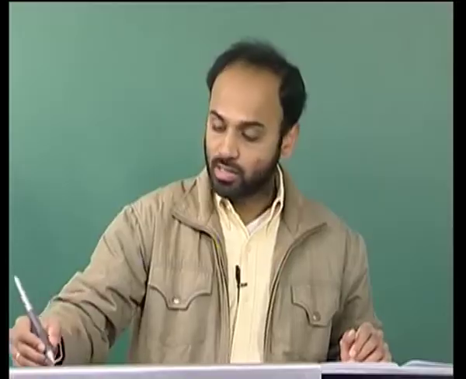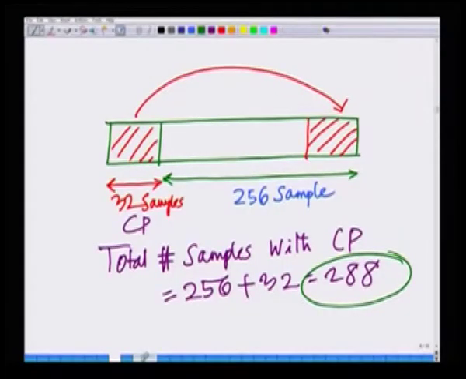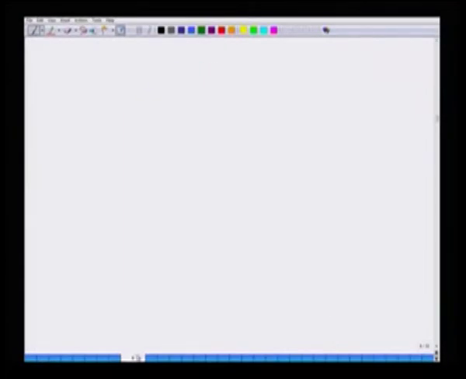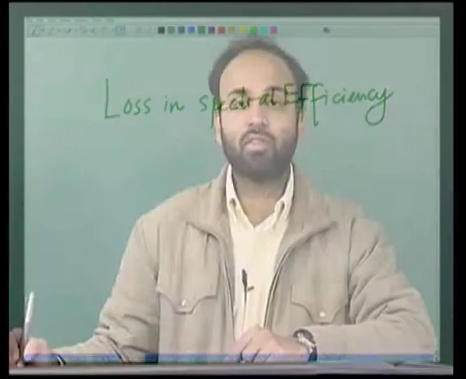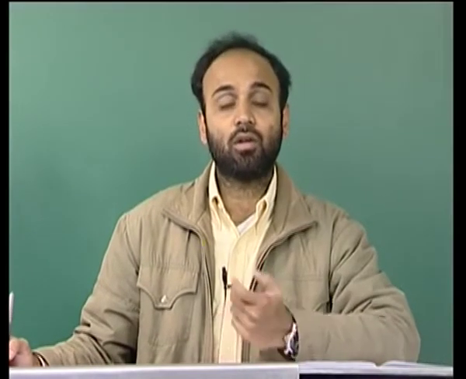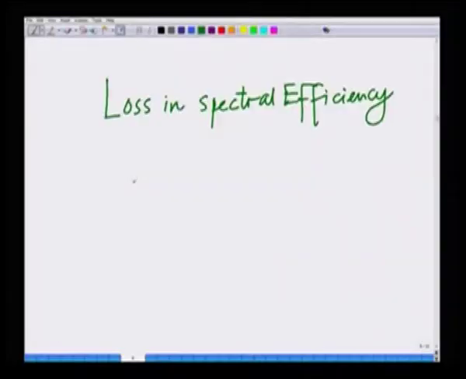Finally, what we want to compute is the loss in spectral efficiency. Why is there a loss in spectral efficiency? Remember, the cyclic prefix itself conveys no information, hence all added cyclic symbols constitute a loss in spectral efficiency.